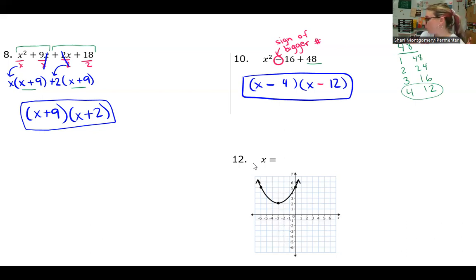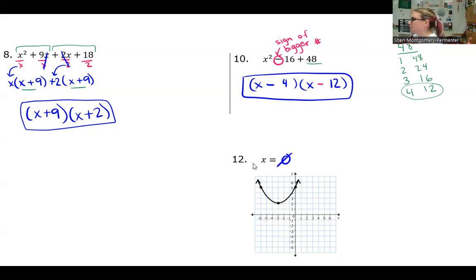For questions 10, 11, 12, and 13, it says, use the graph to solve the quadratic. What is the solution of a quadratic? X-intercept. That's all it is. So from the graph, where does that cross the x-axis? Never.